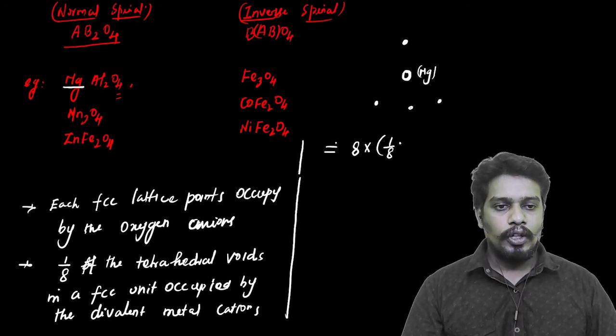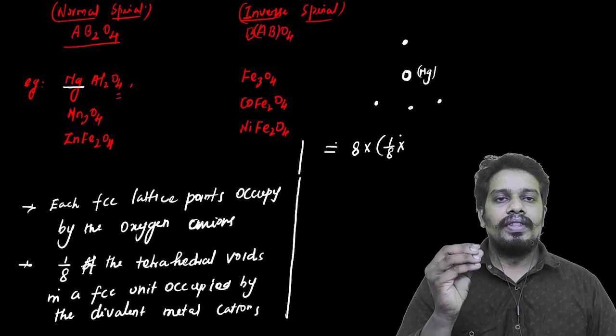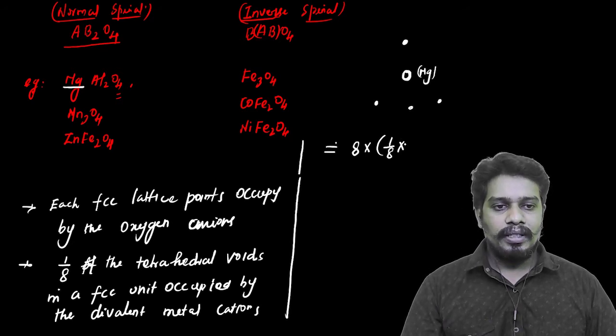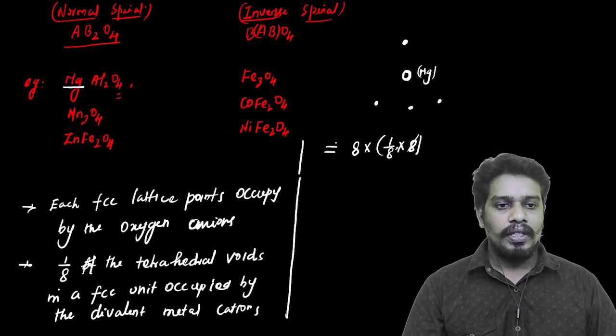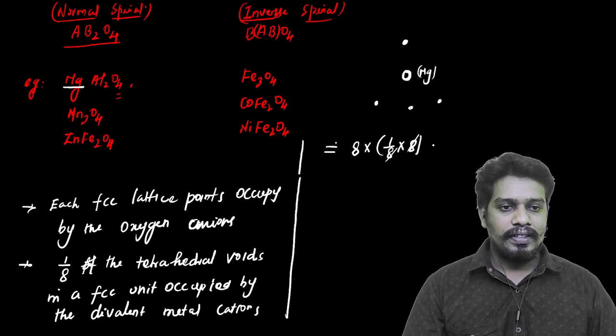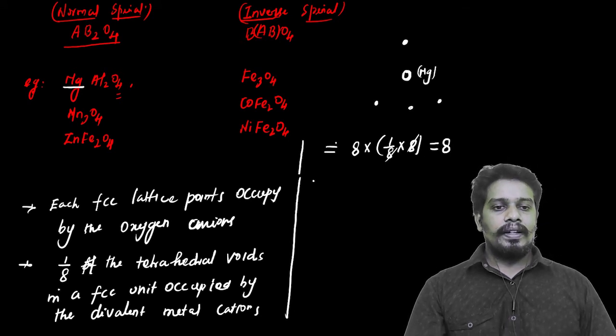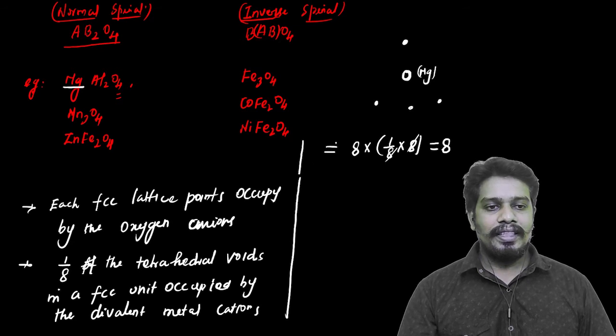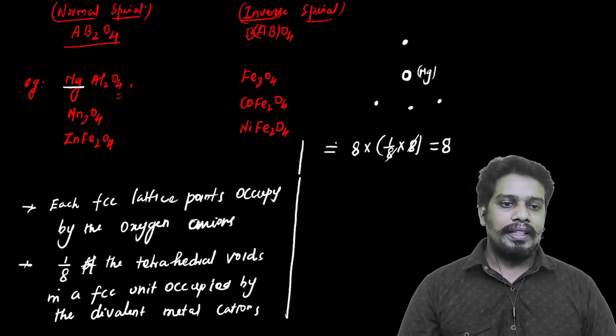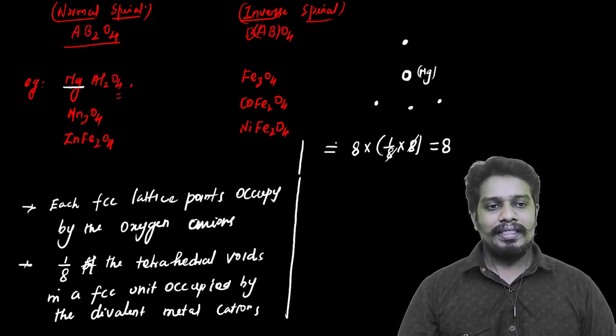How many tetrahedral voids are there per FCC? 8 tetrahedral voids. So if you cancel each other, the total number of divalent metal ions in the unit cell is 8.